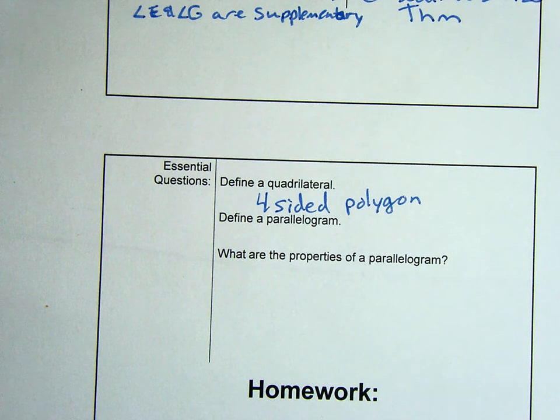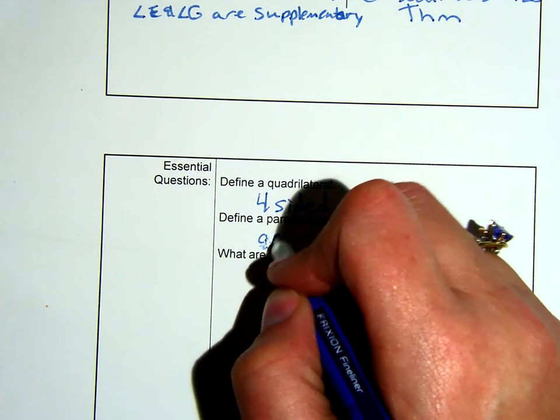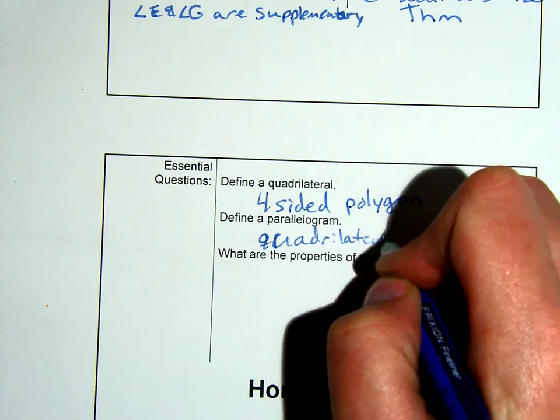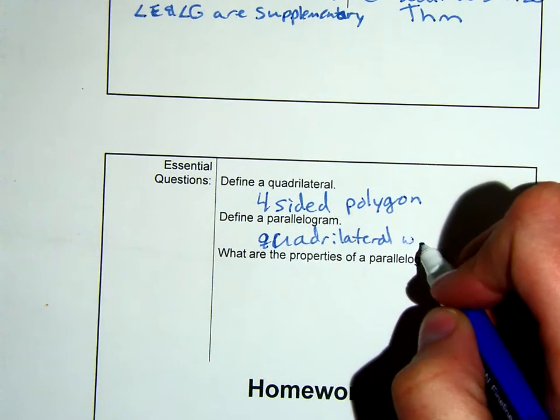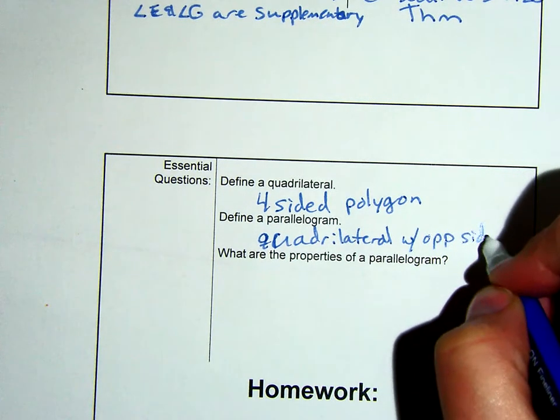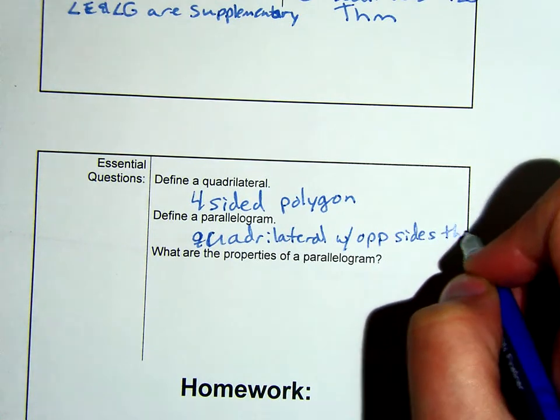Our definition of a parallelogram is a quadrilateral with opposite sides that are parallel.